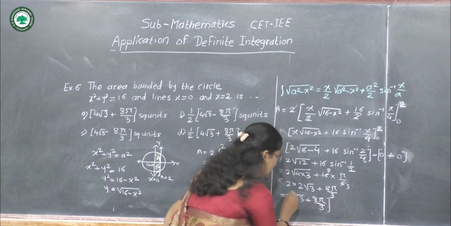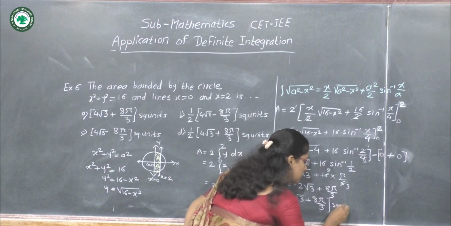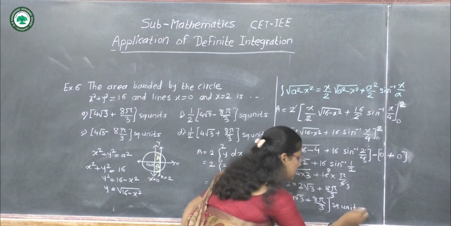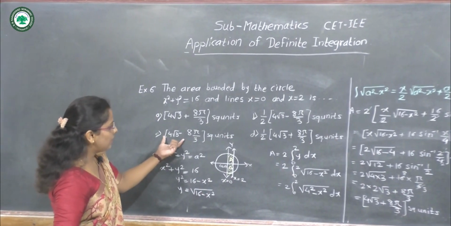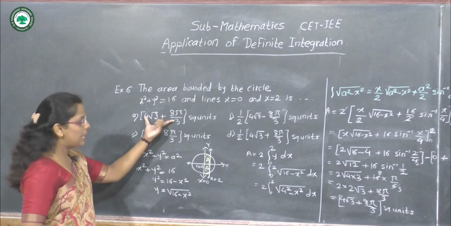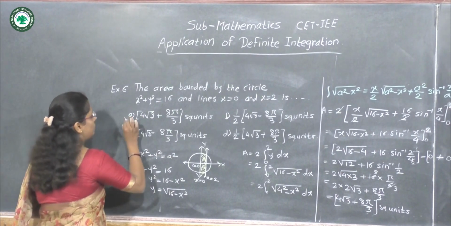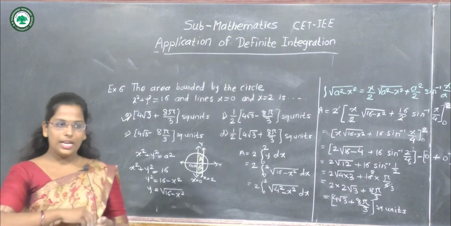This is area, that's why unit is square units. Look at the options: 4 root 3 plus 8 pi upon 3, first option, option A is the right answer.